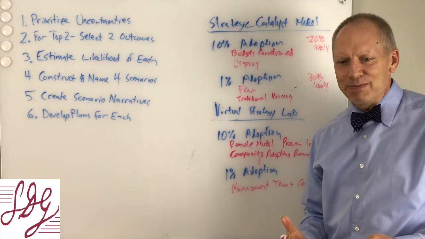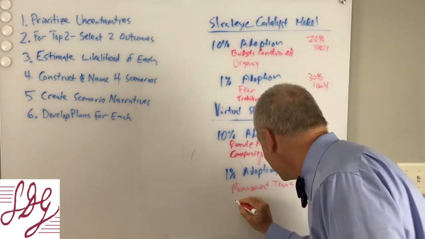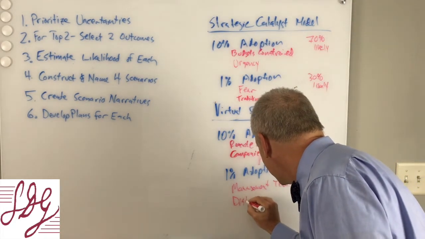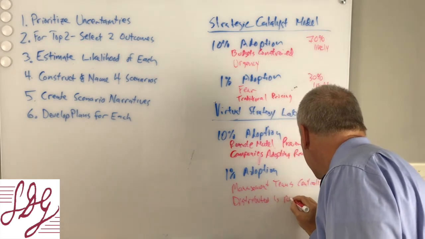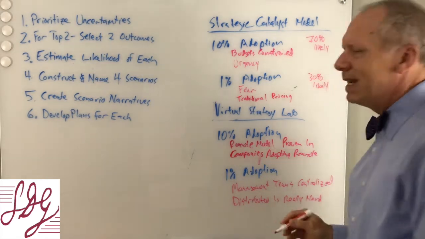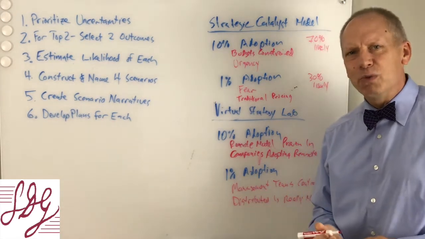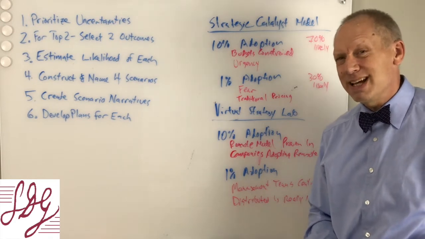And then I think another driver of this is that distributed really is hard. To get this distributed model to work, and to work well, really is hard, and I think that companies are realizing that as well.